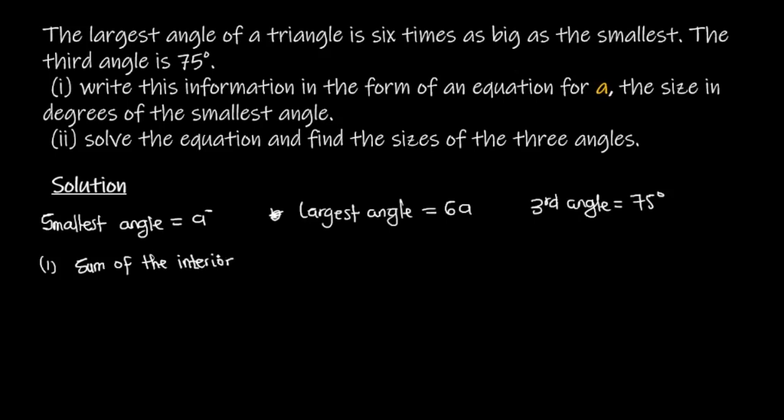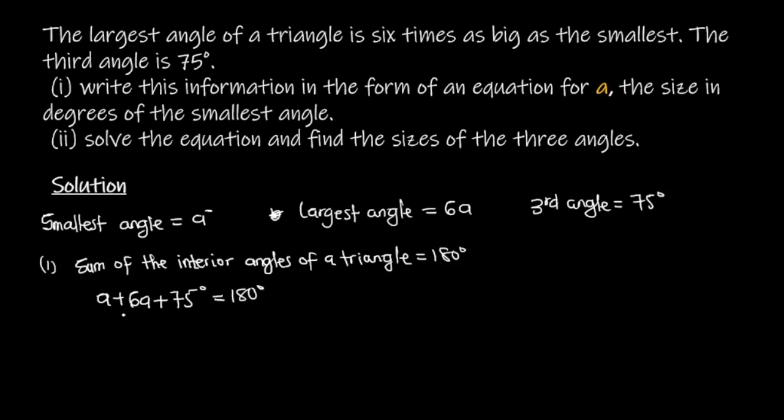We'll be dealing with angles later on in the future. So what it means is that if we add the smallest angle A plus the largest angle 6A plus the third angle 75 degrees, we are going to get a total of 180 degrees. So this becomes our equation.